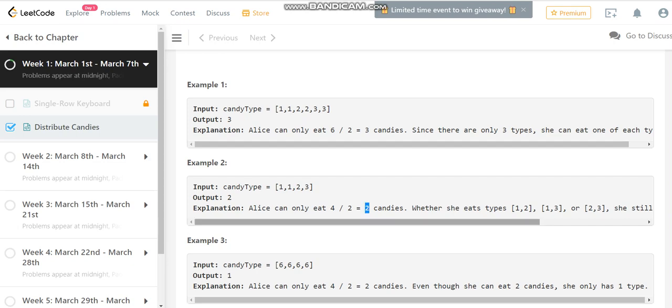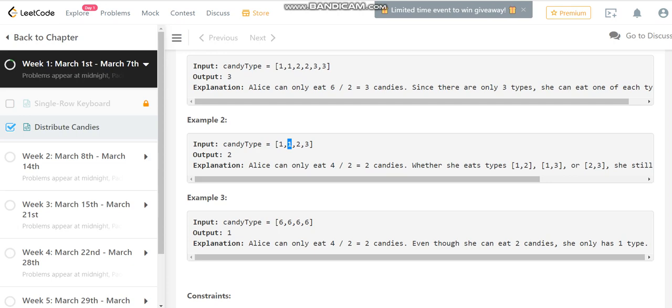Even if there are 3 different kinds of candies, Alice can eat at max 2 candies, right? So she can eat either 1 and 2, or 2 and 3, or 1 and 3. So we need to tell the maximum number of different candies that Alice can eat.